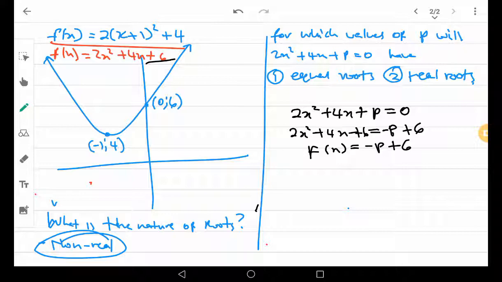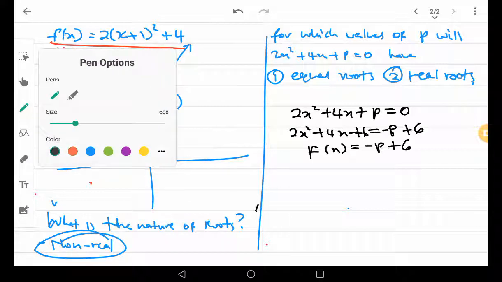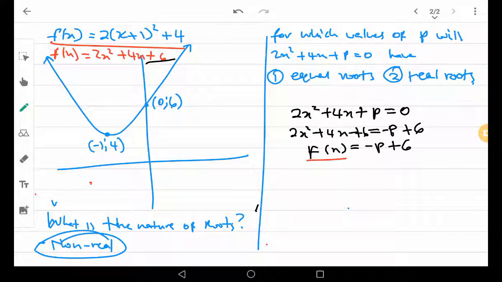So here we have two functions that intersect. f of x intersects with a constant line, so we get another equation, y equals minus p plus 6.